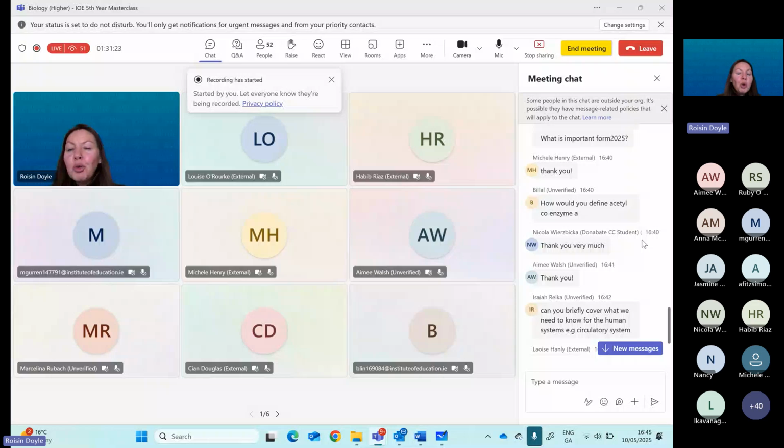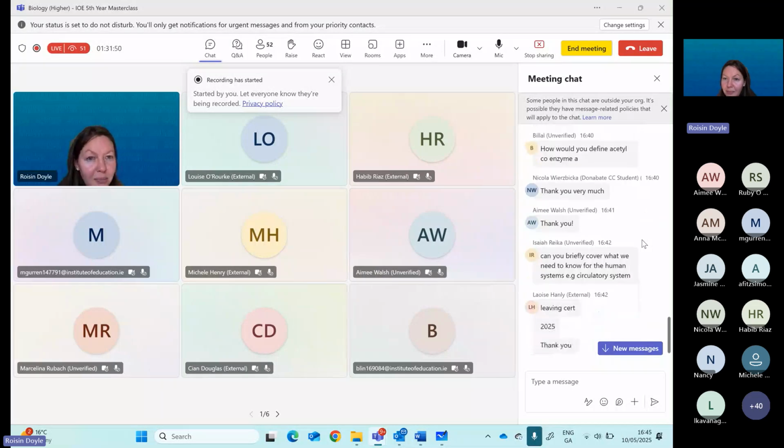It could be described as an intermediate compound, and it could also be described as a carrier molecule. That's the two things. It's a 2-carbon compound which is formed during the intermediate stage. It can be described as an intermediate compound or a carrier molecule, Bilal. That's the best it could be referred to as.